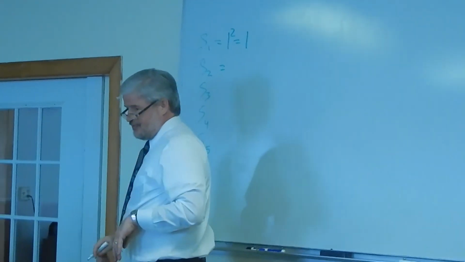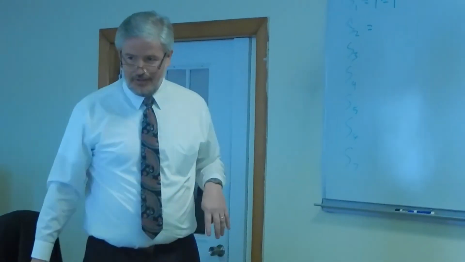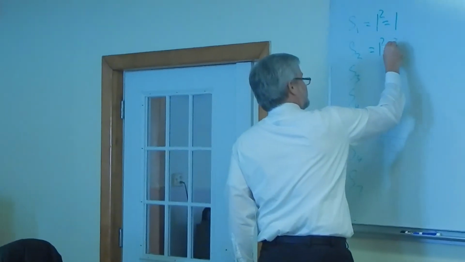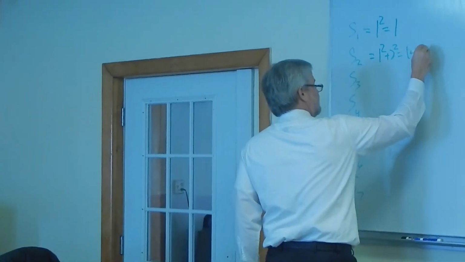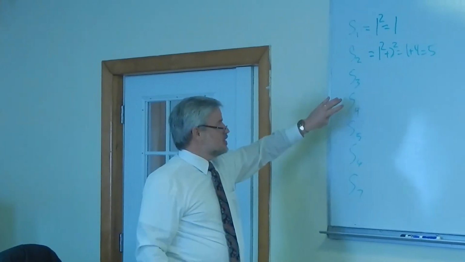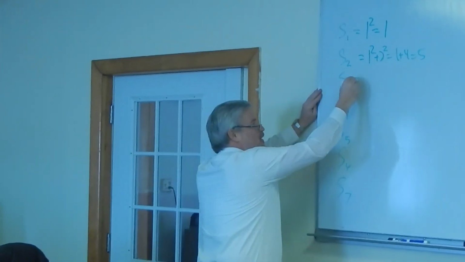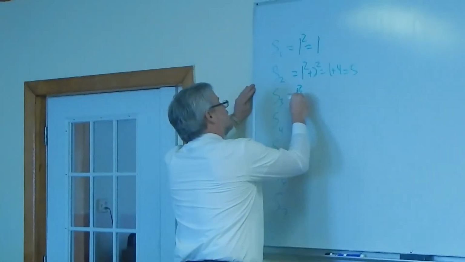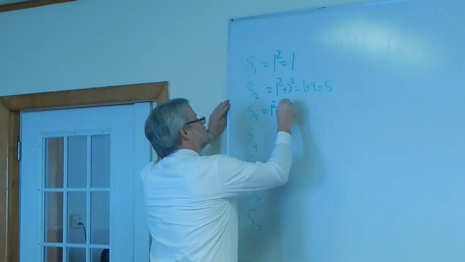Now, the sum of the first 2 squares is going to be 1 squared plus 2 squared, which is 1 plus 4, which is 5. What's the easy way to figure out the sum of the first 3 squares? 1 squared plus 2 squared plus 3 squared.